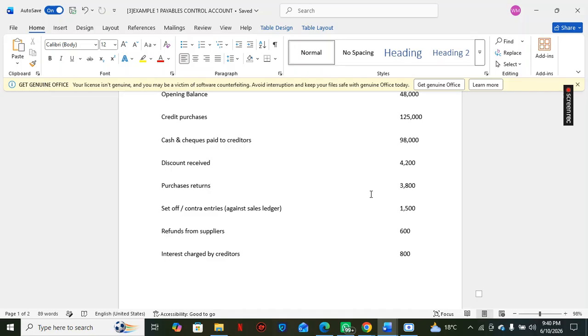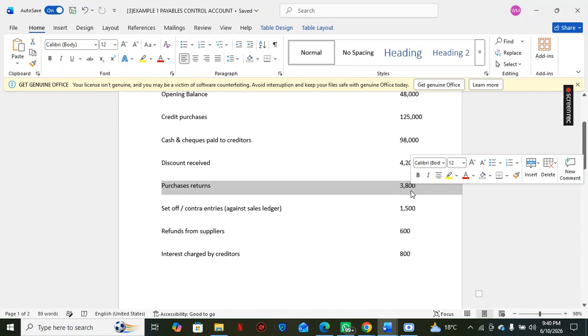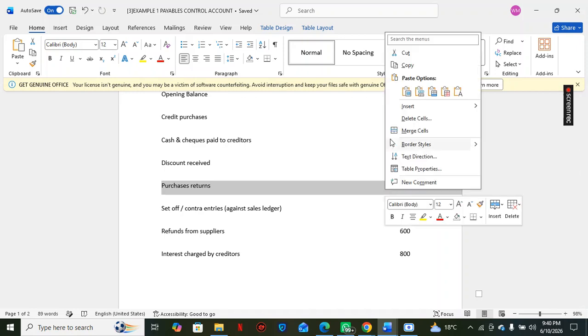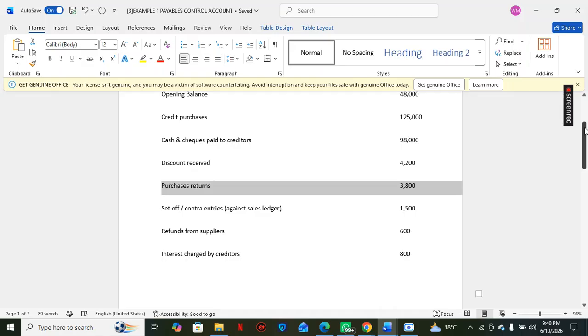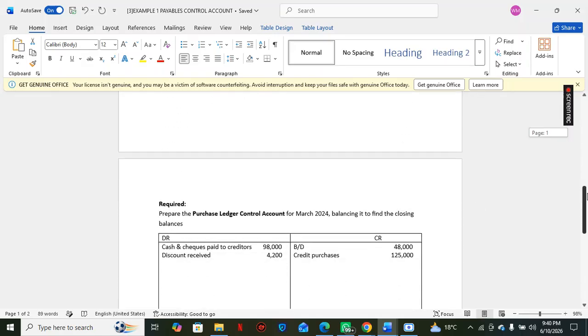When you return these goods back to your supplier, does it increase the liability or does it drop the liability of paying them? When you return goods that you bought on credit, it's going on which side, debit or credit? Debit.